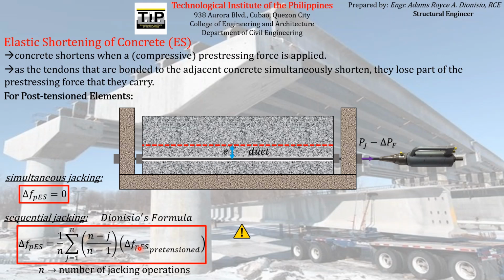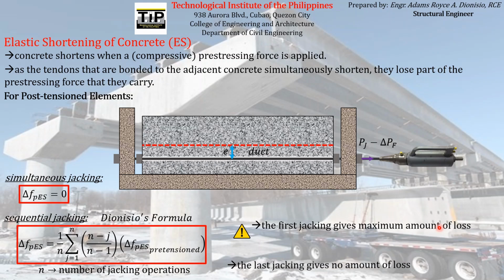For this particular stage of pre-stressing, you just have to take note of the case of sequential jacking. The first jacking gives the maximum amount of loss to the pre-stressing reinforcement, and the last jacking gives no amount of loss.